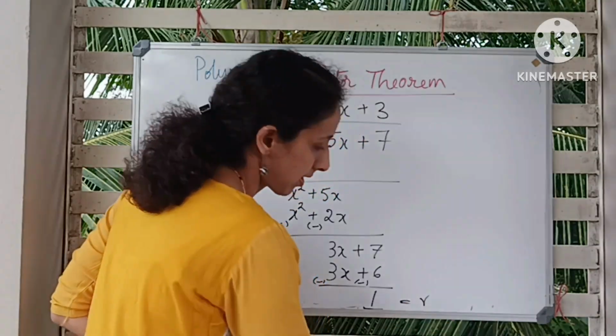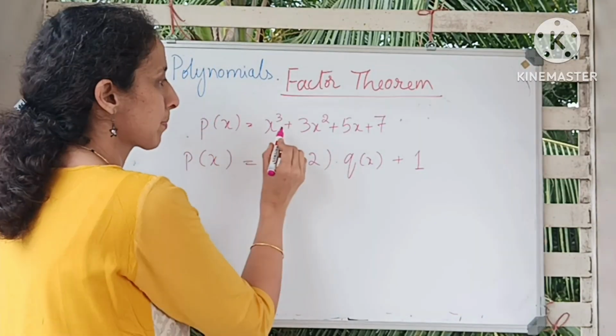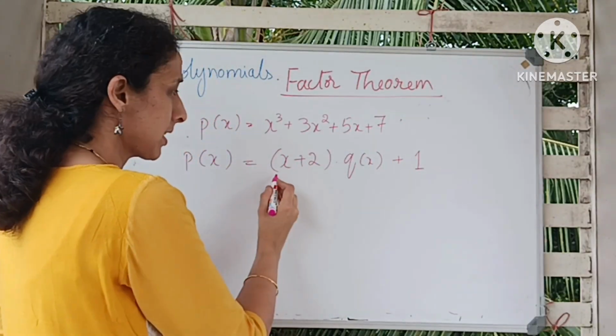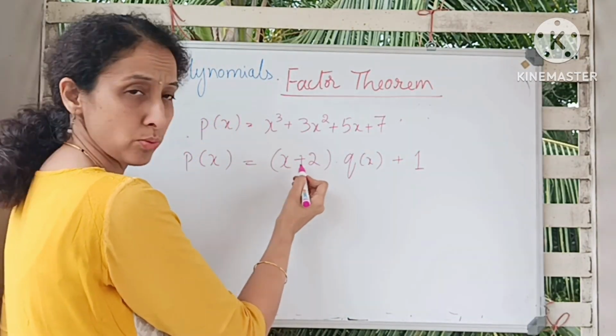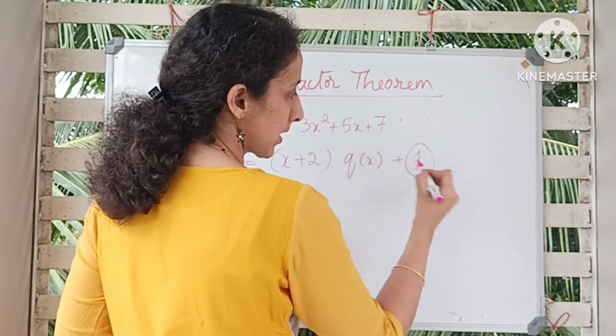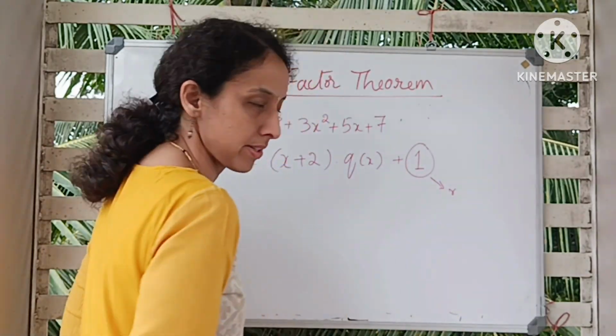So in this case, our p of x, x cube plus 3x square plus 5x plus 7, is equal to x plus 2, that is the divisor, into the quotient plus 1. This is the remainder.